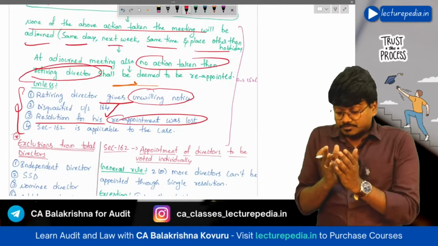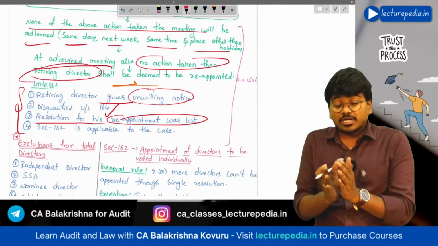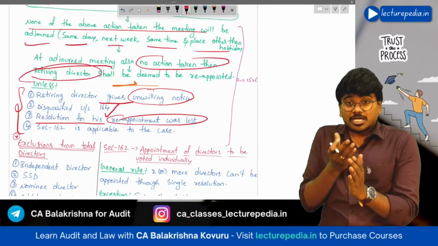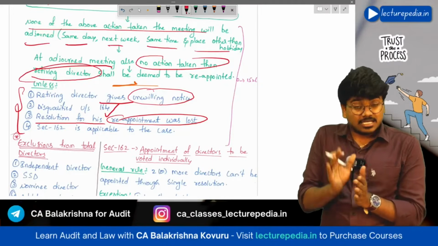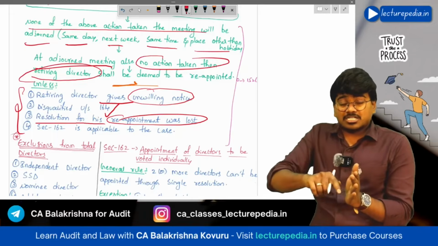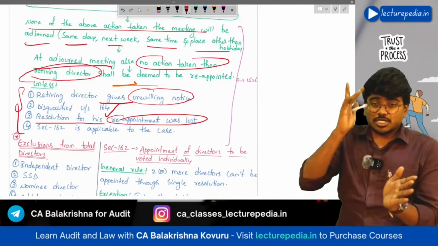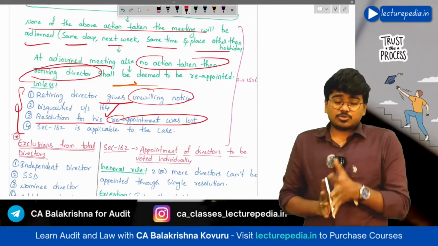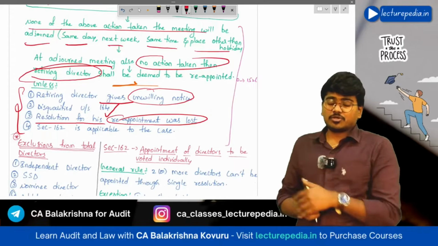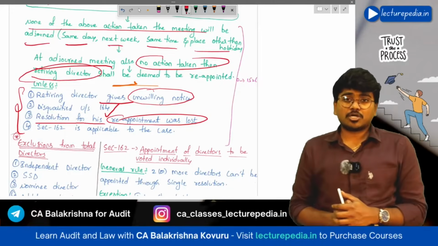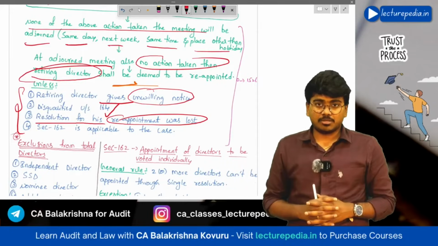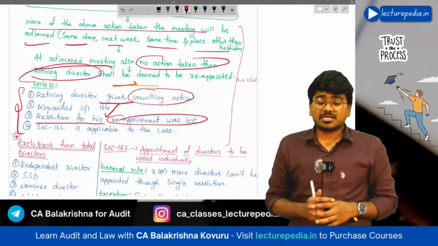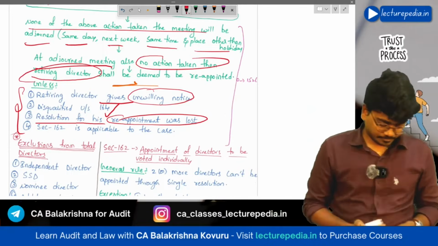That means shareholders don't want to reappoint the retiring director. In such a situation, you cannot deem the retiring director to be reappointed. So in such a situation also, section 152 subsection 7, the deemed reappointment concept, is not applicable because shareholders don't want to reappoint him.